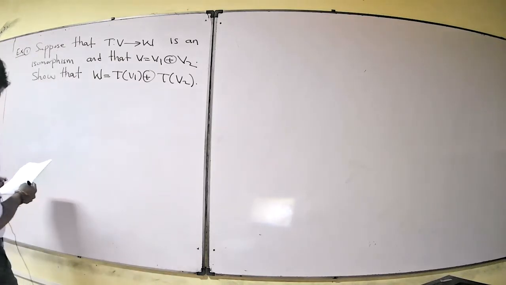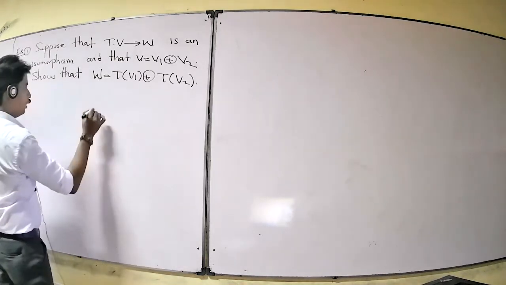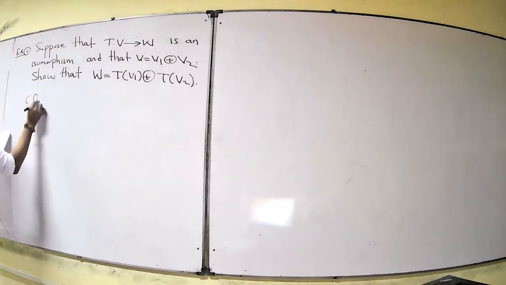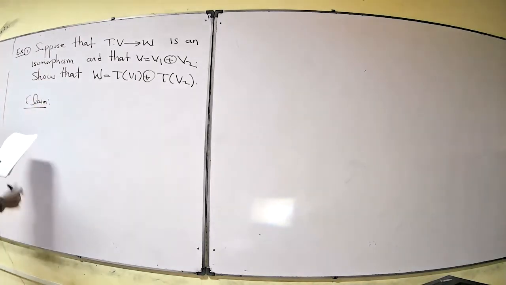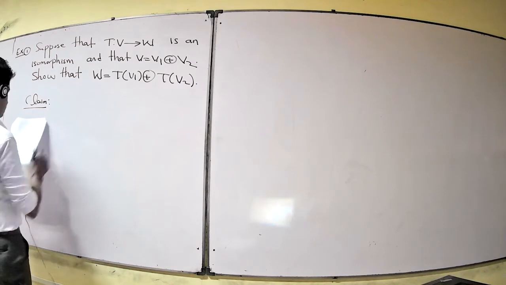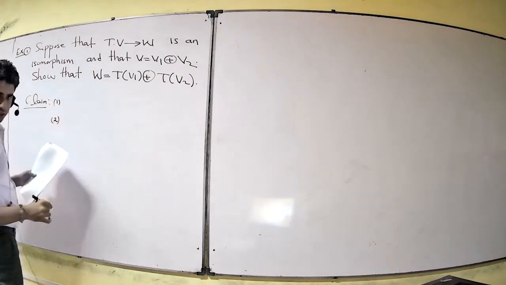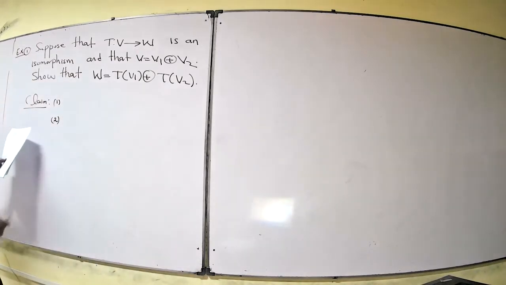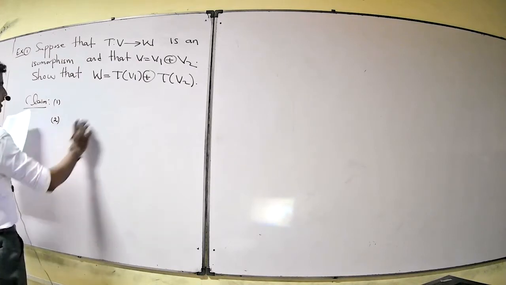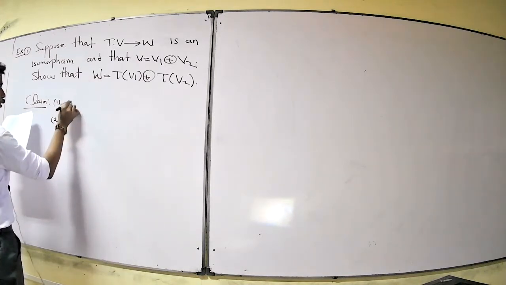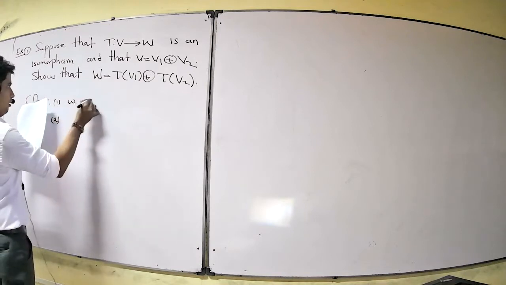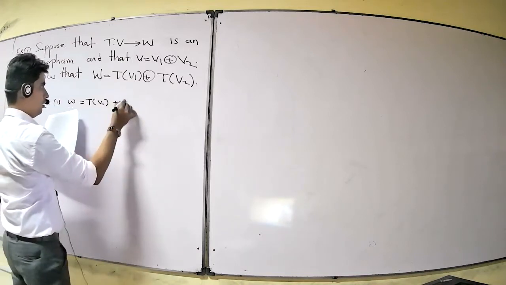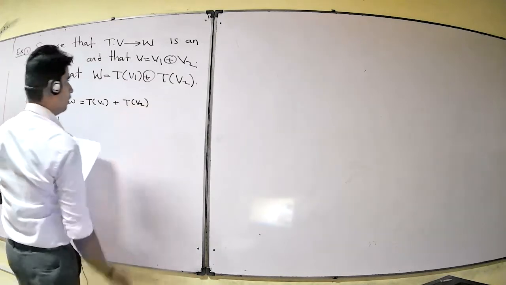You already know what you want to show for this part, right? There are two claims there. For this question, you want to show the first condition and the second condition. For the first condition, you want to show that you can take one of the elements from this set W. That means small w belongs to capital W equals T of v1, one of the elements of capital V1, plus T of v2, this small v2 belonging to capital V2.